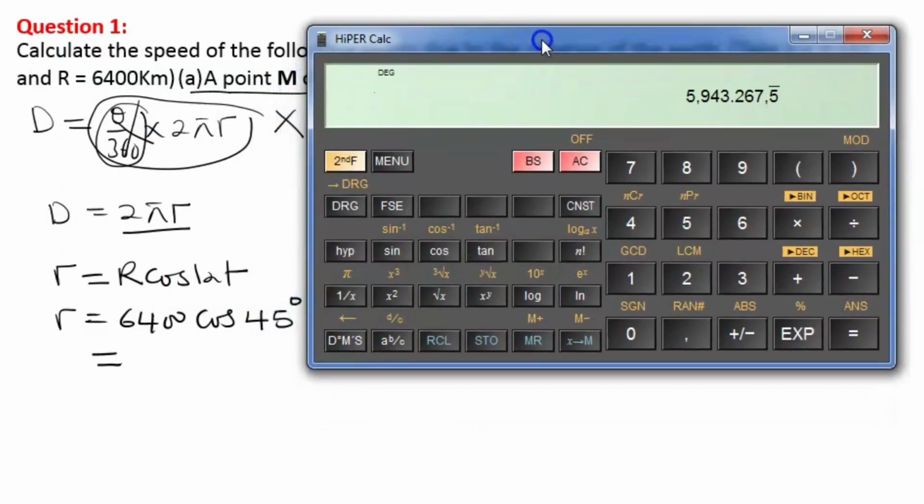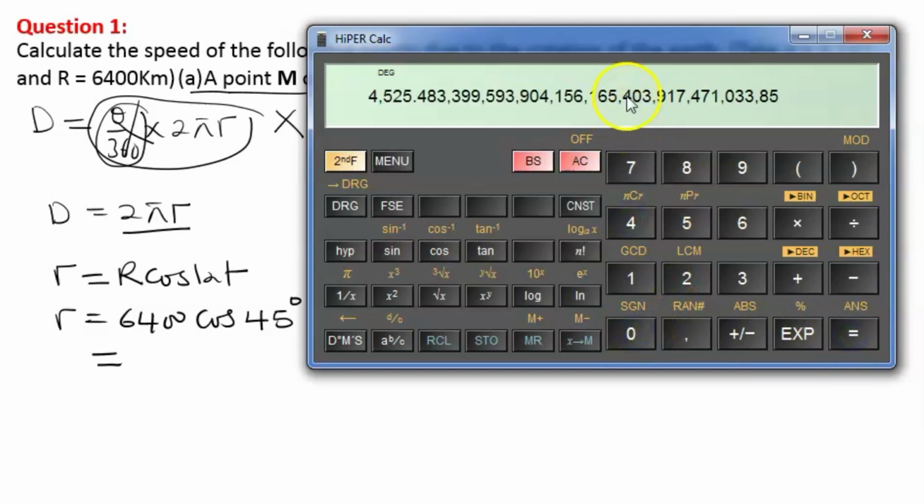We are going to have it as 64. Let me first do cos 45, then multiply by 6400.